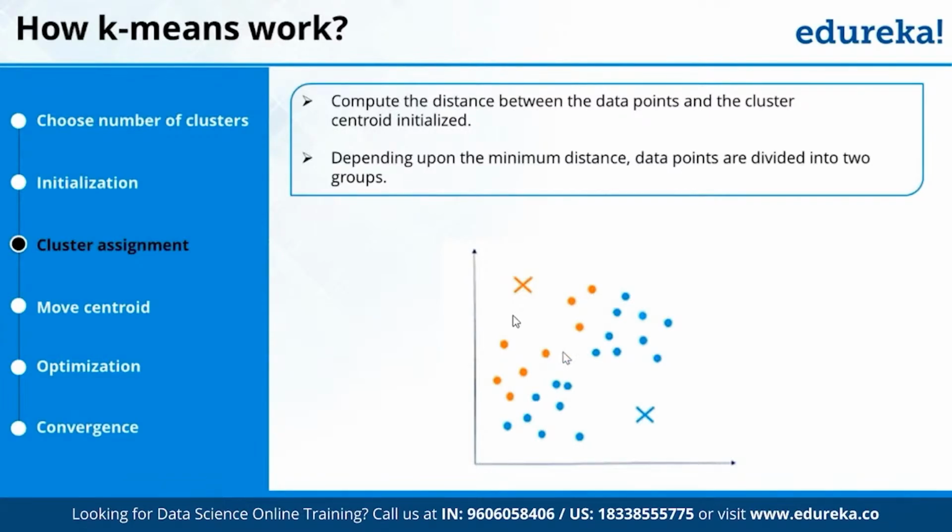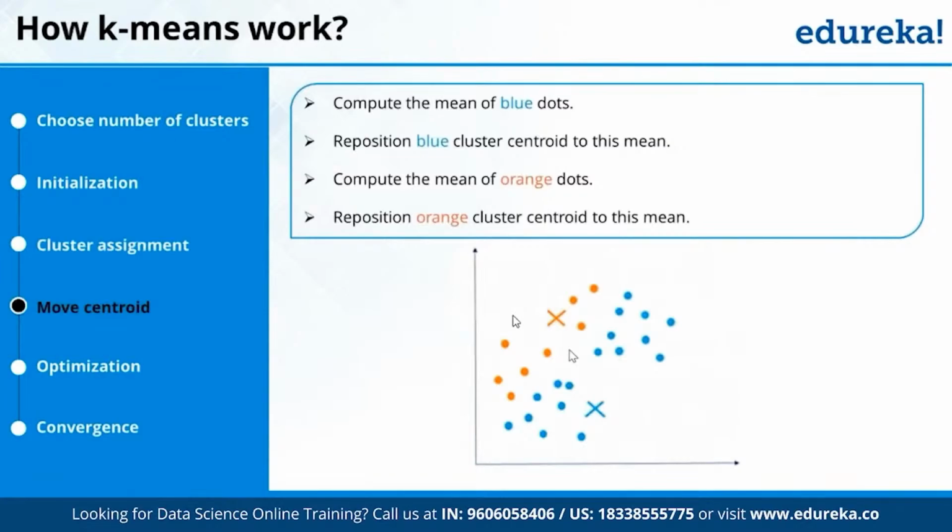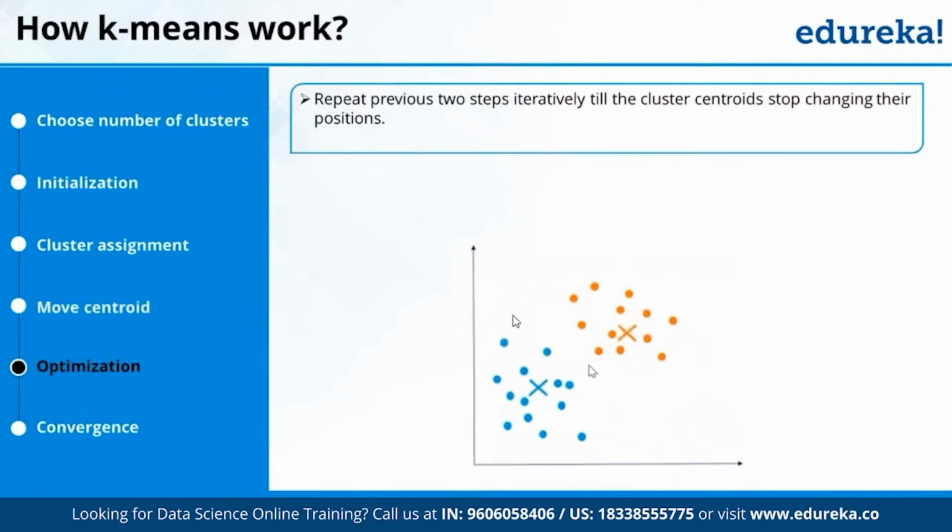Once that is done, obviously my centroid will change because the first centroid was created by the machine randomly. After that, my centroid will change because it will go to the place where maximum density is. So you see orange coming towards orange points, blue coming towards blue points. Again, it will find the distance for all the points, and there are chances that my points will shift from one cluster to another cluster.